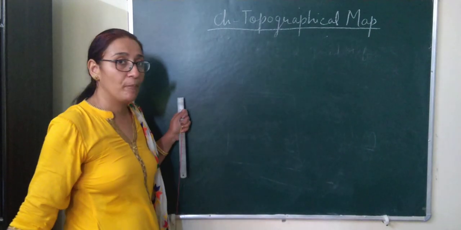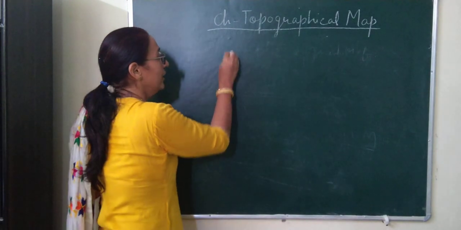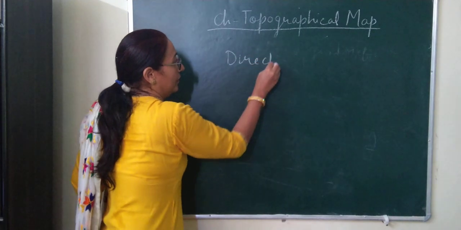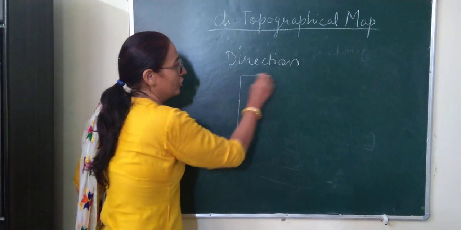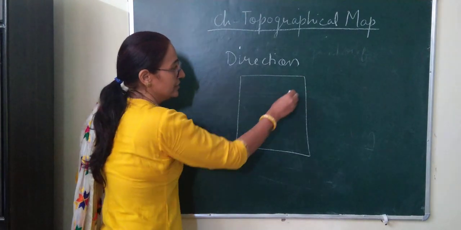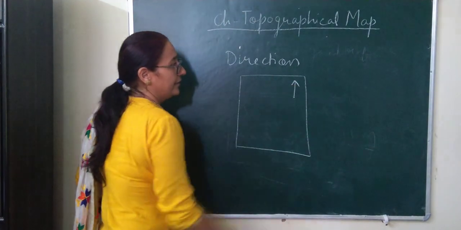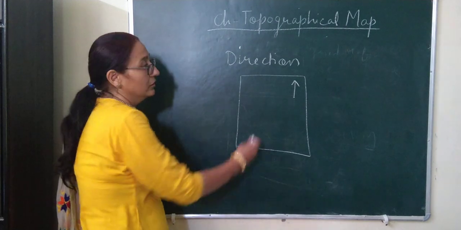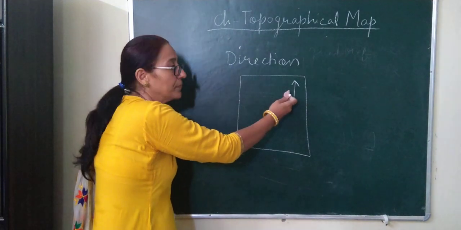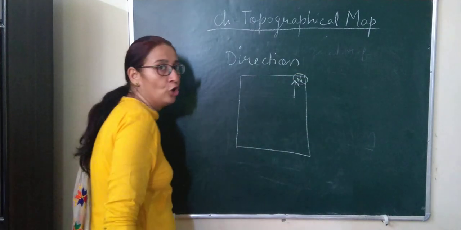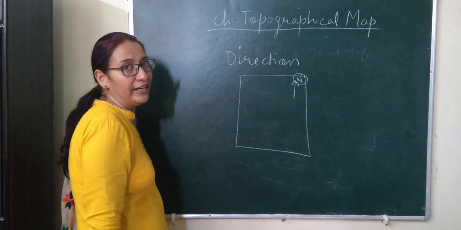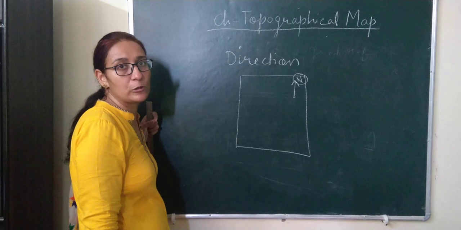Now the last topic is direction. Direction is also a very important element on a map, and this element is indicated on this side of the map. This arrow is indicated with north, and we find north with the help of the pole star.